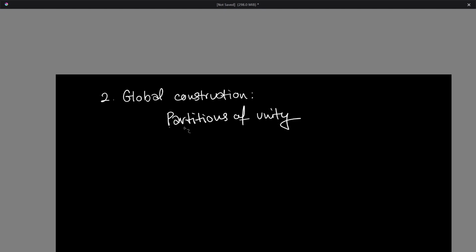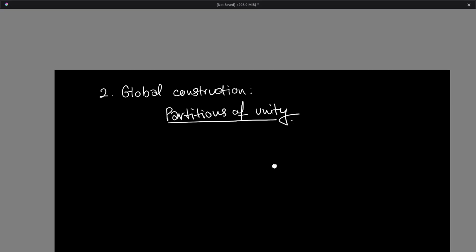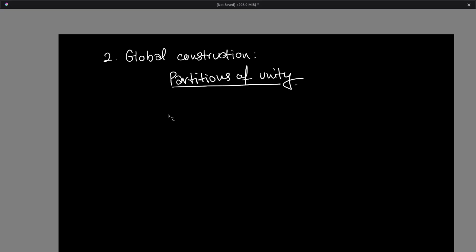So since it's been a little while, let me retrace what a partition of unity is. If we have, I'm going to talk about it in the context of manifolds. So let's say this is like a window into a part of our manifold.